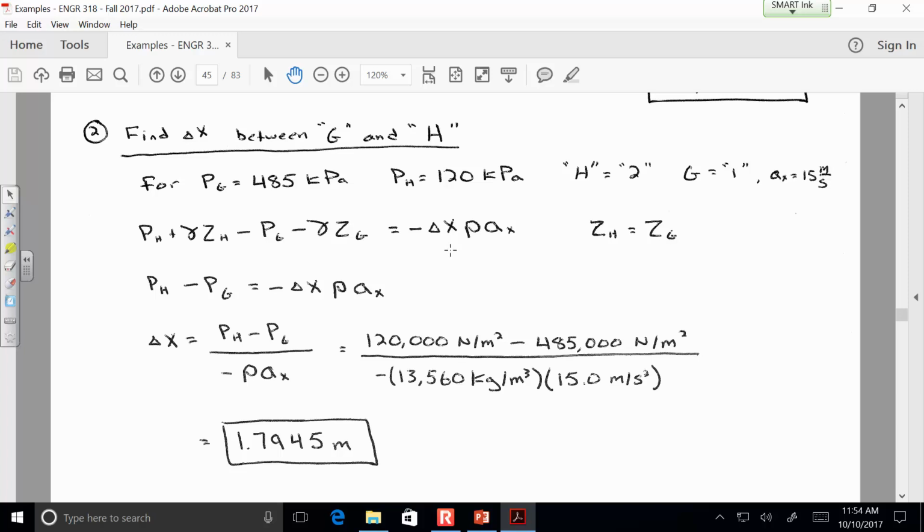So here's the full Euler's equation, but ZH is equal to ZG, so we can just cancel out the gamma ZH and gamma ZG. That makes Euler's equation a lot simpler. The difference in pressure is equal to the negative of the distance between them, the density, and the acceleration in x. So rearranging it for delta x gives you 1.7945 meters.